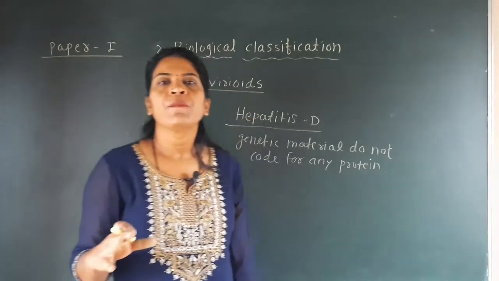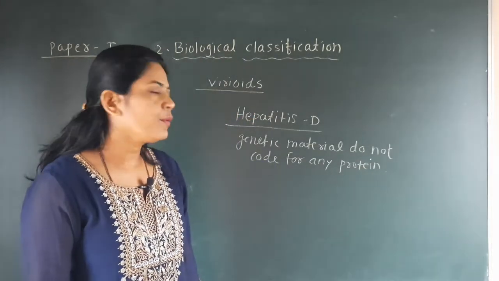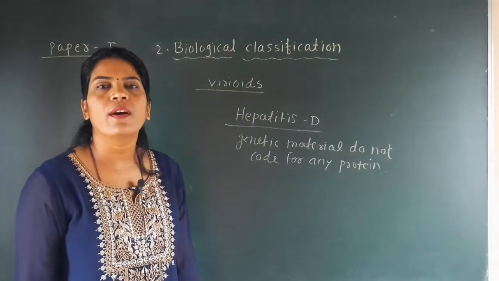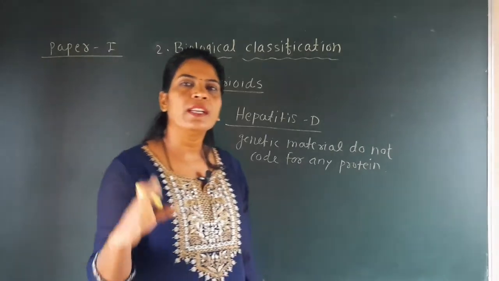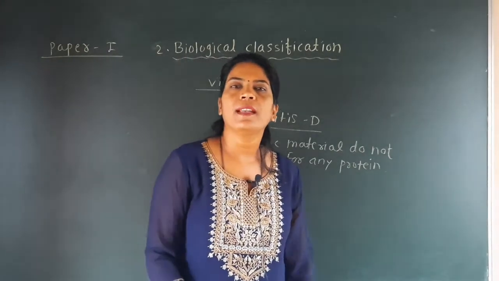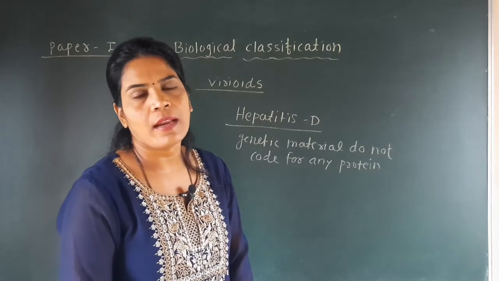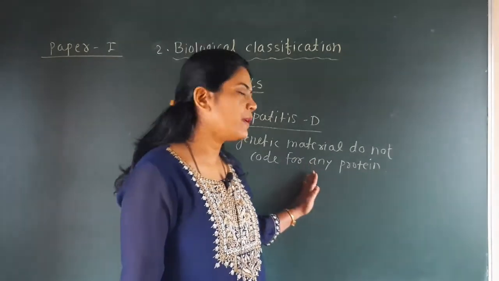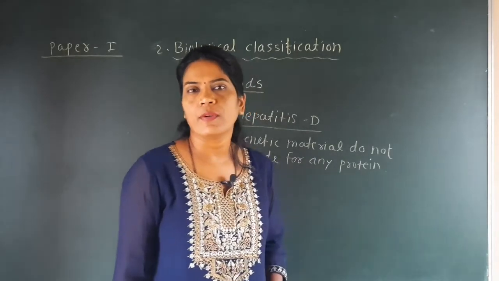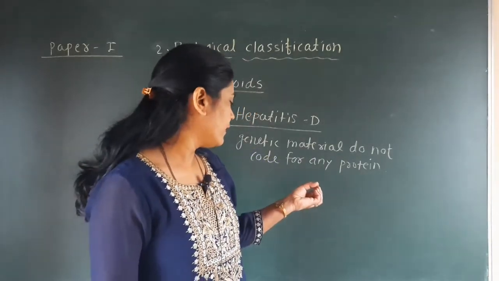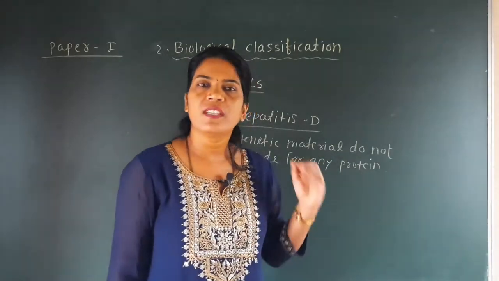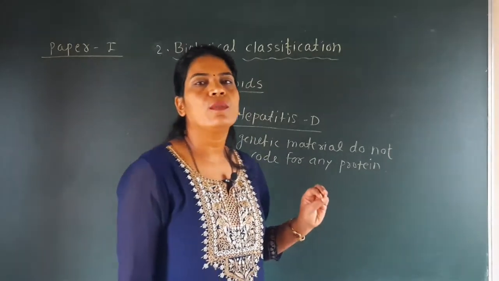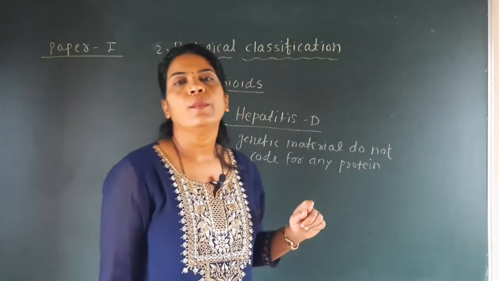But here we see that they do not code for any protein, because the protein coat is absent around this genetic material RNA. So even though the genetic material RNA is present, it does not code for any protein. But in other organisms, what happens? The genetic material always codes for the protein molecule.